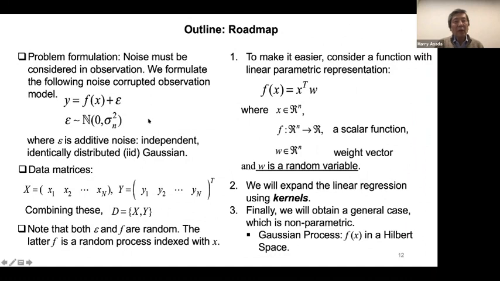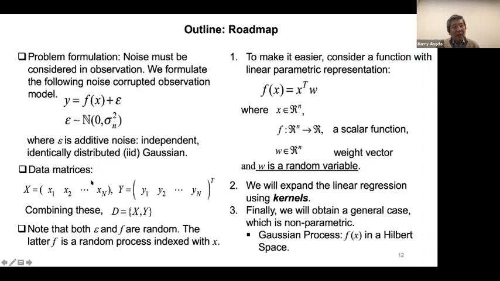In addition to the previous point, we did it to some extent, but the noise must be considered in the observation. We formulate the following noise-corrupted observation, Y. Y is the Gaussian process part plus some noise that comes in when you observe the output Y. This noise is also Gaussian with zero mean and deviation sigma n.